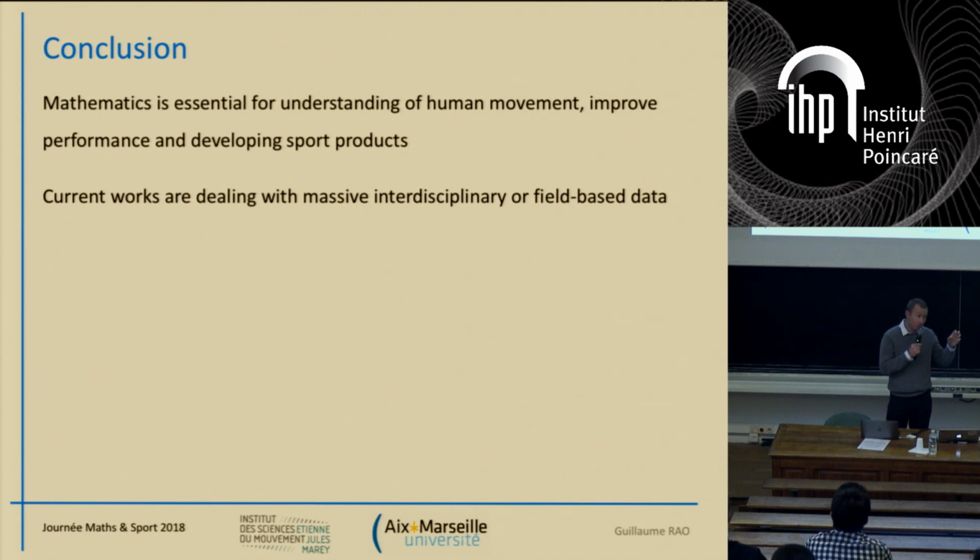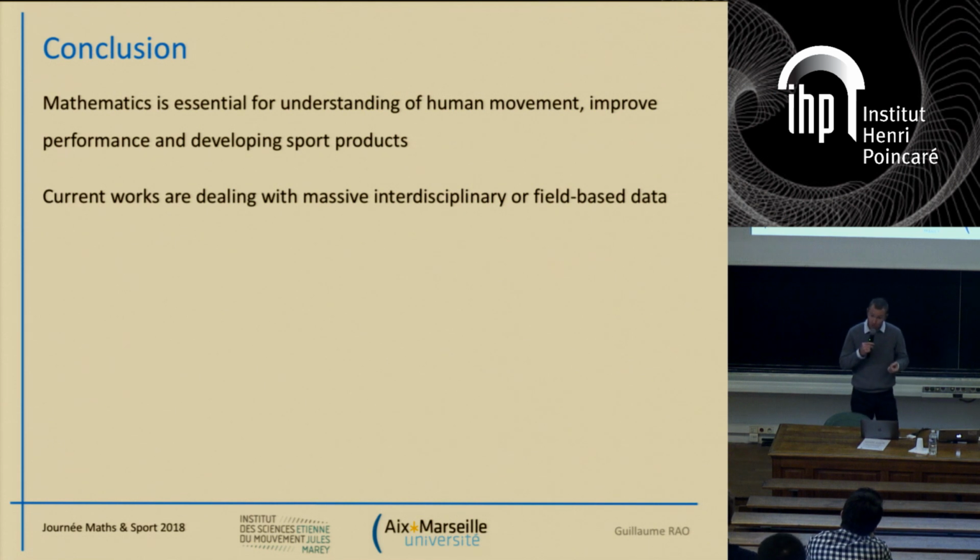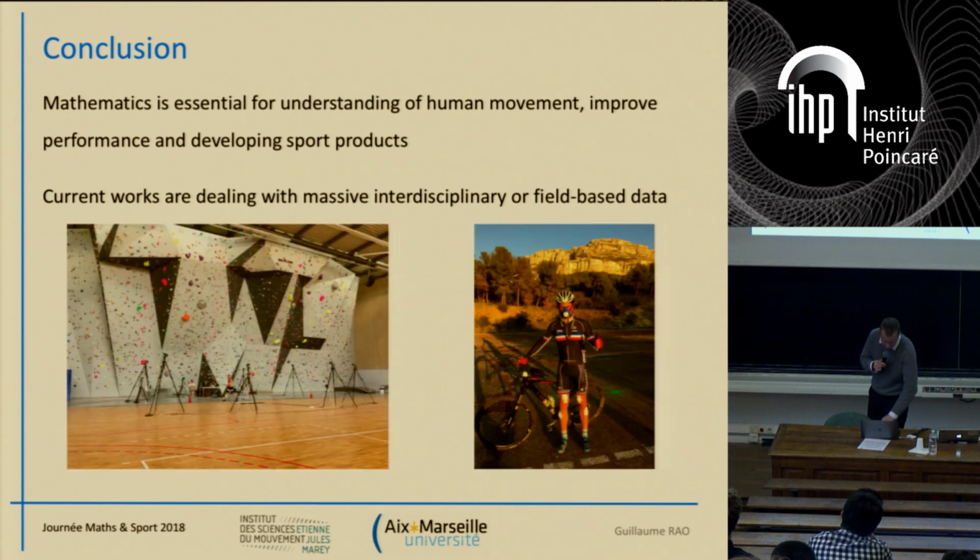So we need some labs to collect the data and to drive the model, which is good, obviously, for academics, but not really good for a real life project. So right now, we are dealing with either interdisciplinary projects where we try to merge different disciplines, or field-based data. And those are two examples of this kind of project.